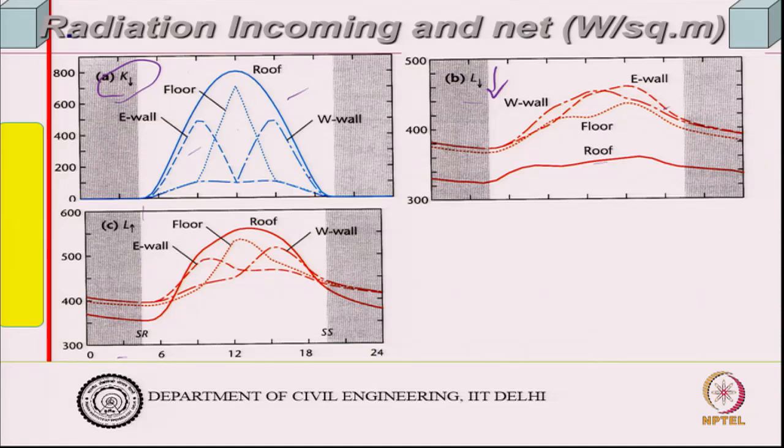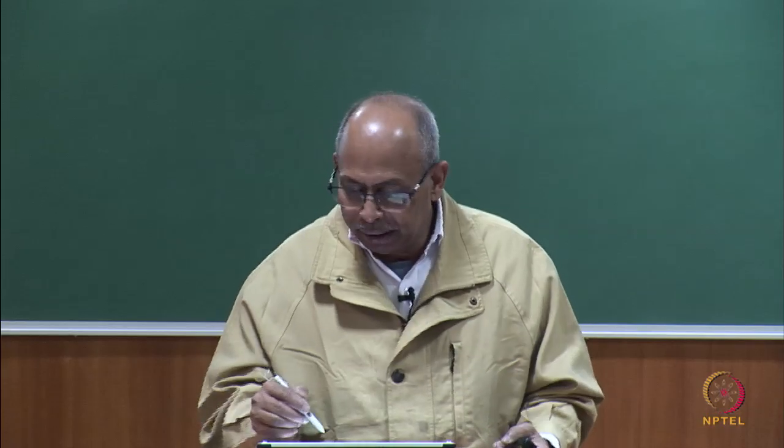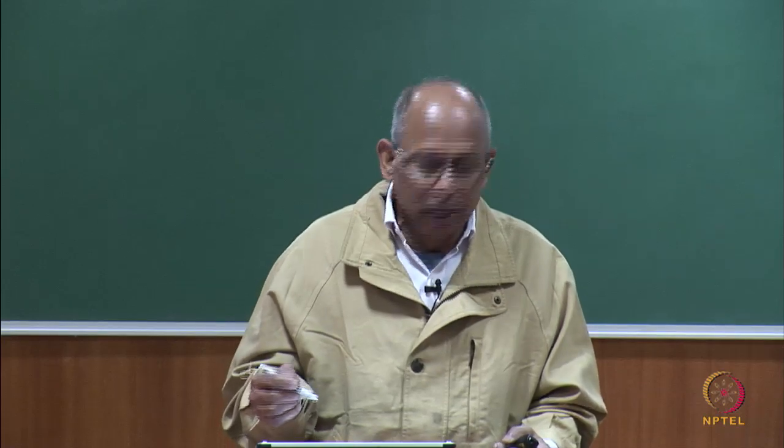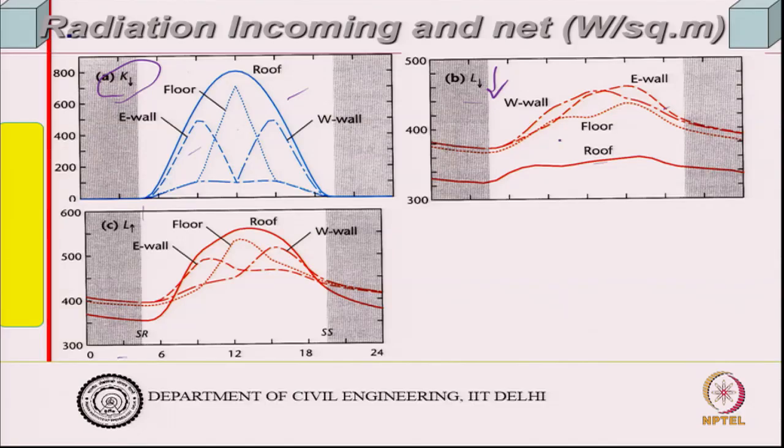So, this is short wave received and long wave energy, but whatever is given away is long wave, because earth cannot either reflect or radiate short wave radiation at its temperature of 288 Kelvin. So, this is the long wave radiation received, this is the short wave radiation received, and this is what it will give away.